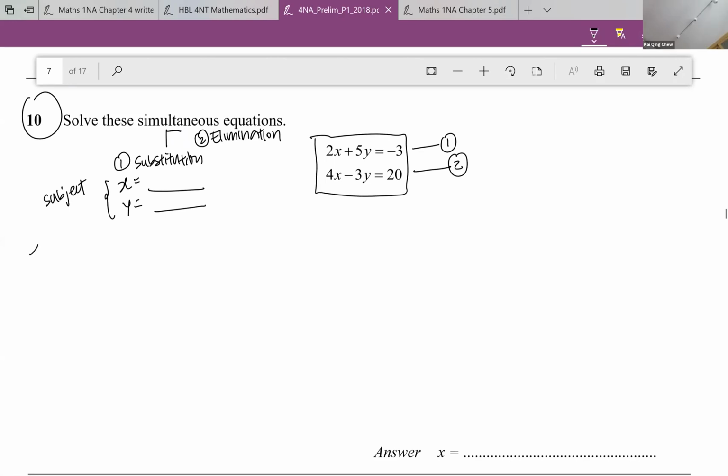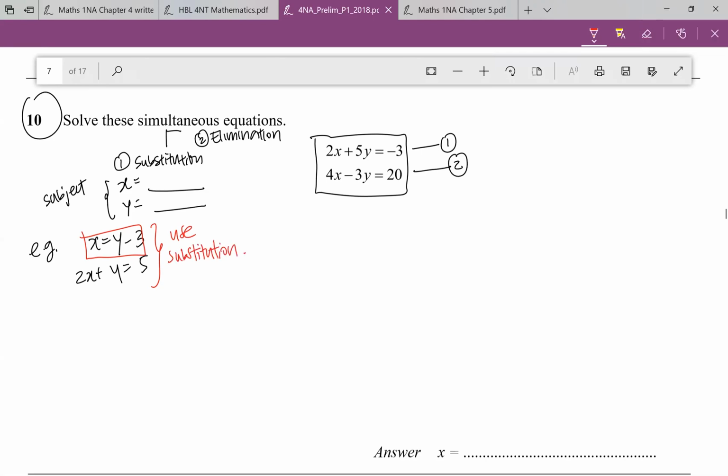Let's say you see something like x equals to something. Then this one you use substitution.